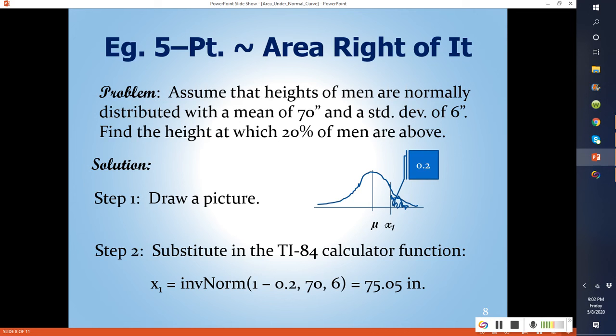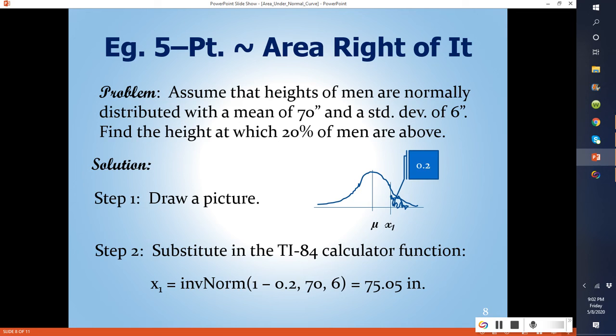The problem is you don't want that x value. You want the opposite of that x value. So in that case, you would have to write this down. I'm going to slow down. x1 equals minus... let's start all over again. x1 equals minus inverse norm, open paren 0.2 comma 70 comma 6, close paren.